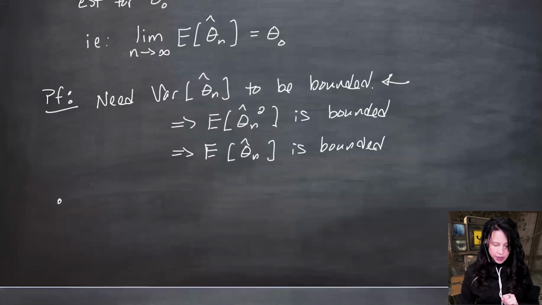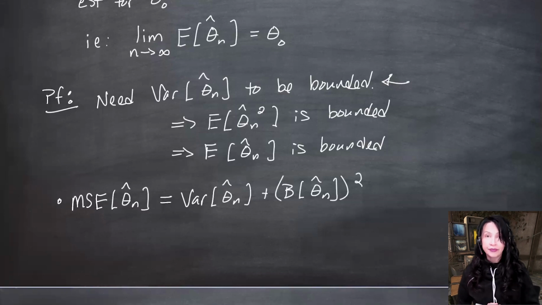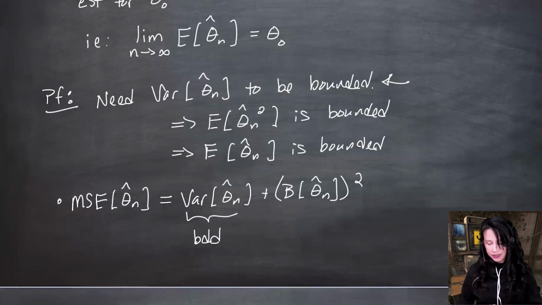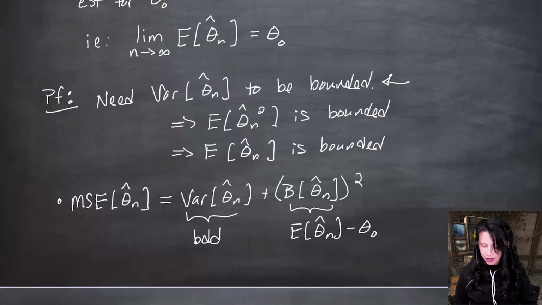You'll recall that the mean squared error for theta n hat was the variance for theta n hat plus the bias of theta n hat all squared. We just said that we're assuming that the variance is bounded, and the bias inside the square is the expected value of theta n hat minus the true value, theta naught.